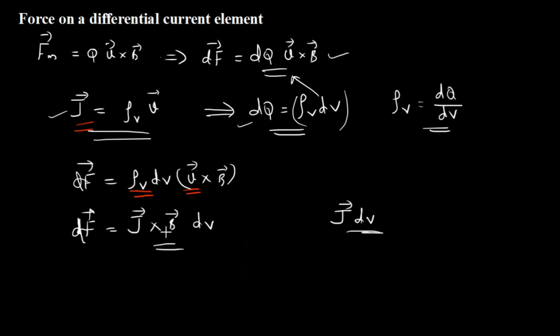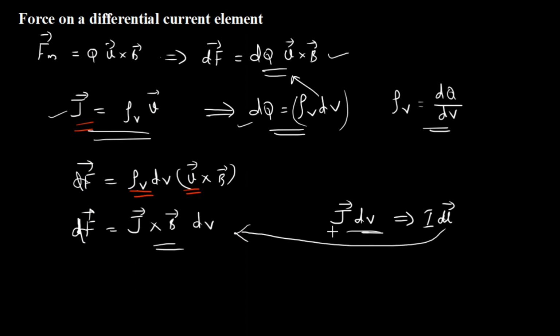So here I have J cross B dV, and this J dV is interpreted as a differential current element as per the distributed sources. So J vector dV is nothing but I dL vector.